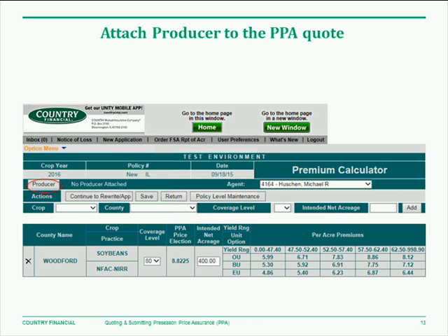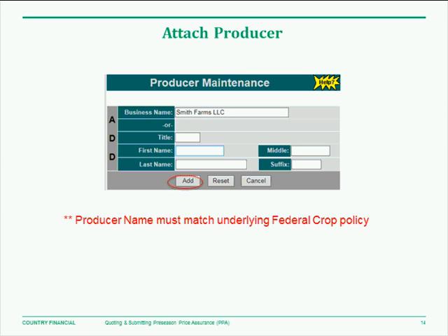To attach a producer to the PPA quote, you click on the producer button here, and it opens up the producer name field, and you need to type in the producer's name and hit the add button. As a reminder, the producer's name must match the underlying federal crop policy. In my example here, the underlying federal crop is for Smith Farms, LLC.